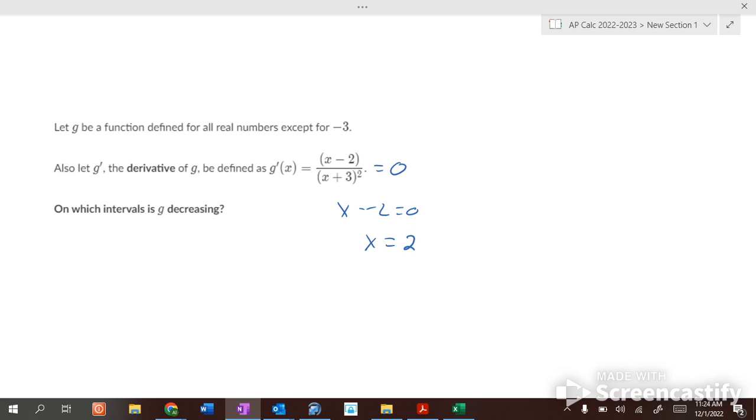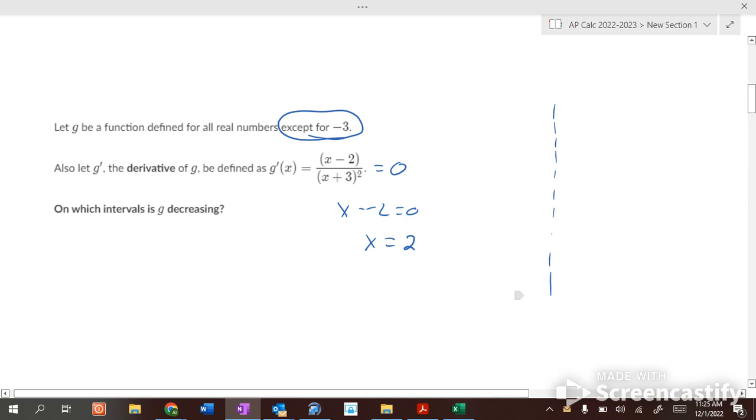Now, we also know that the function is defined for all real numbers except for negative 3. What happens at negative 3? We divide by 0, so there's a big fat asymptote there. So there's an asymptote there at x equals negative 3, and at x equals 2 is a critical number.